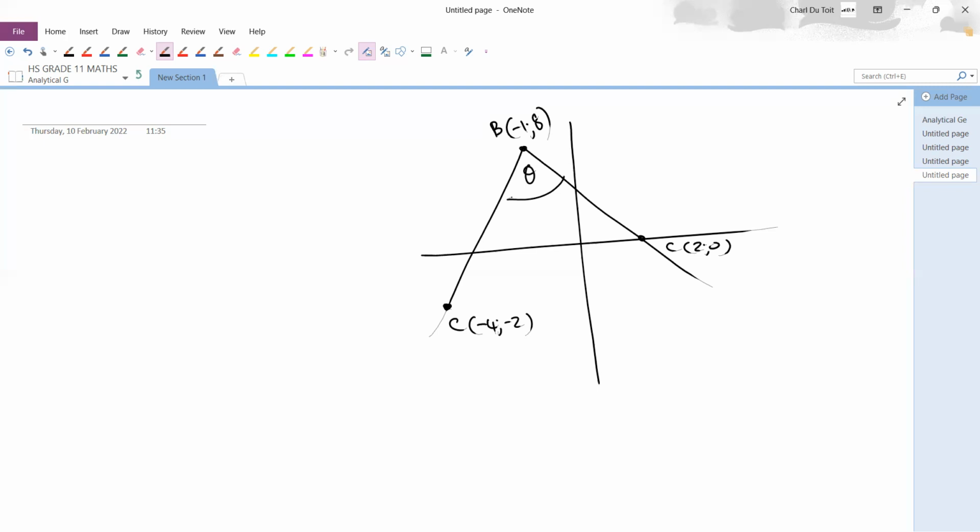You're going to use your formula y2 minus y1. No, look. Y2 minus y1. To get what? Which gradient do you want?